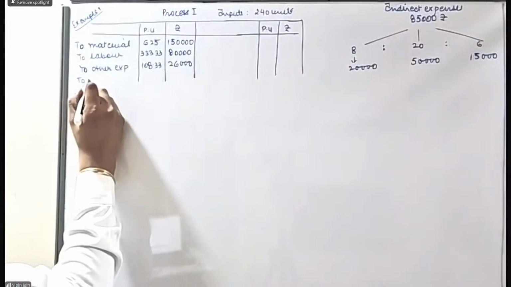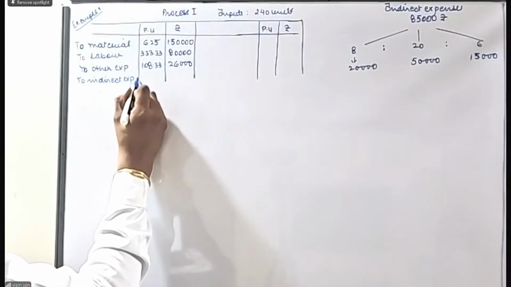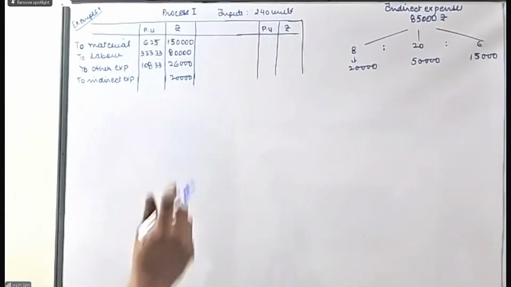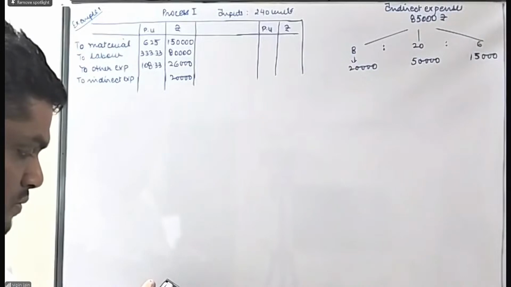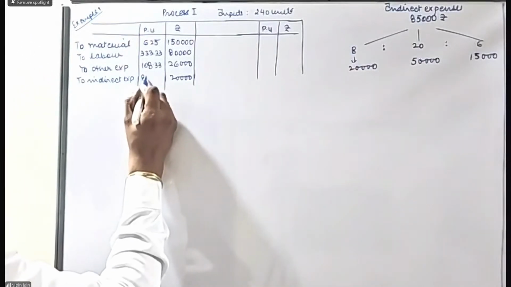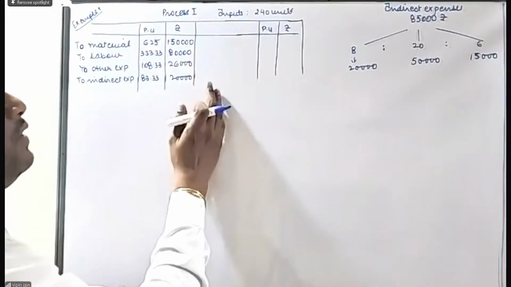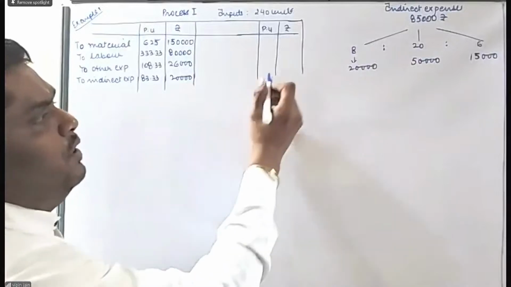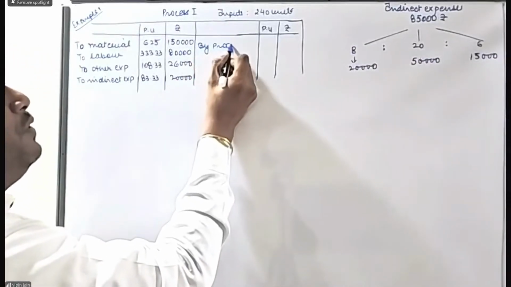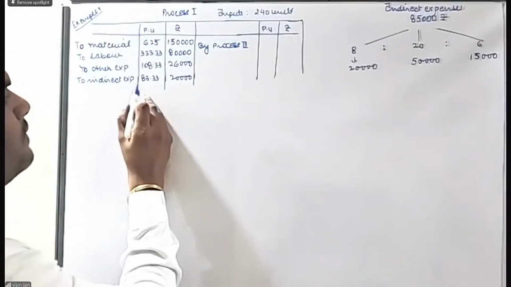So we can say to indirect expenses will get us 20,000 for this process. So we'll get 83.33. Now herein, these are the costs that are associated to this process. No more additional costs. So herein, we can say the output of this process is transferred to the next process, that is process second.